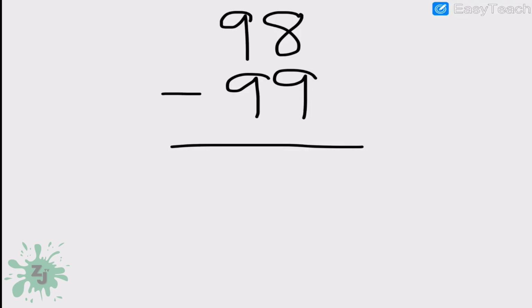Therefore 9 minus 9 is equal to 0. But 8 minus 9 is impossible. You cannot subtract 9 from 8.